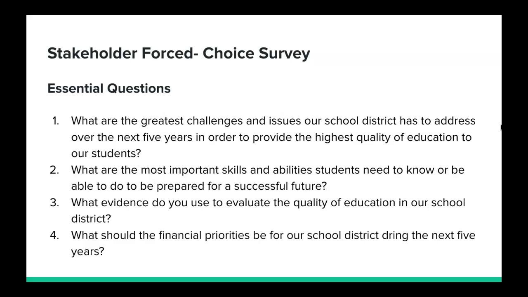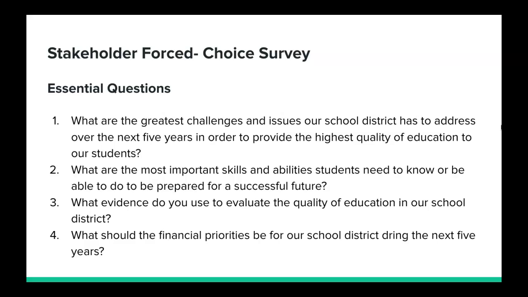Our second question is, what are the most important skills and abilities students need to know or be able to do to be prepared for a successful future? Our third question is, what evidence do you use to evaluate the quality of education in our school district? And then 4, what should the financial priorities be for our school district during the next 5 years?